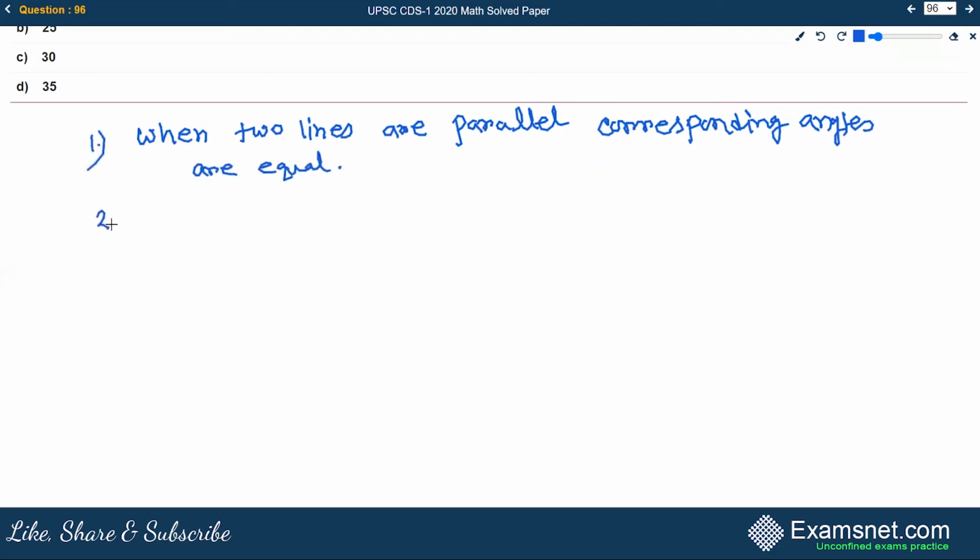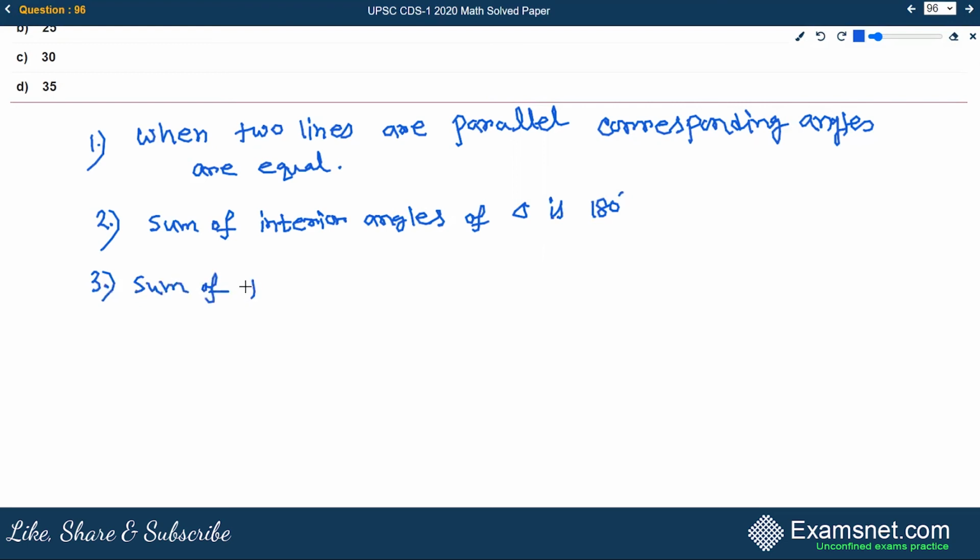Okay, the second one, sum of interior angles of a triangle is 180 degree. And the last one is sum of two linear pair angles is again 180 degree.